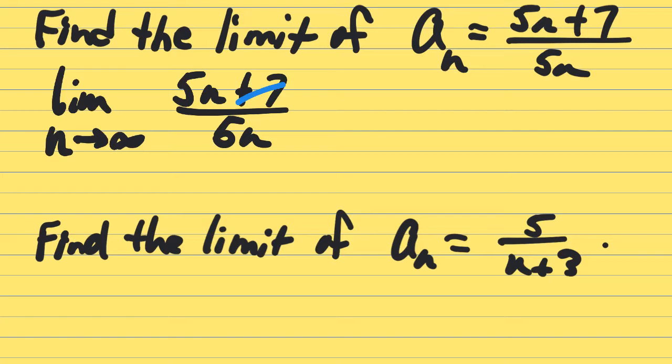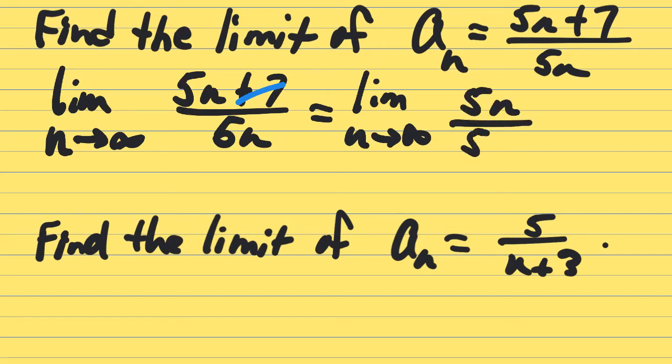It won't matter that much once you get n really dialed up large. So this will be equal to the limit as n goes to infinity of 5n over 5n. And what do we get when we take a number divided by itself? You got it, 1.